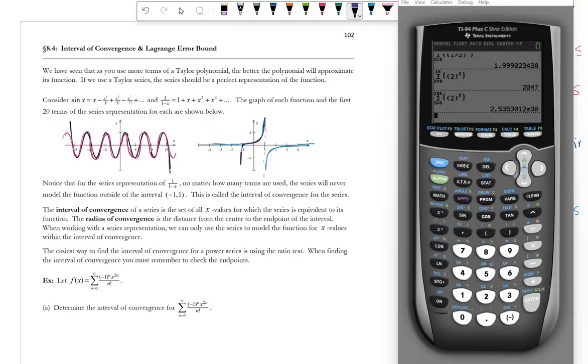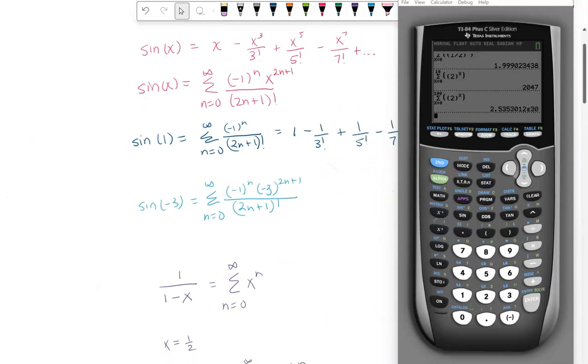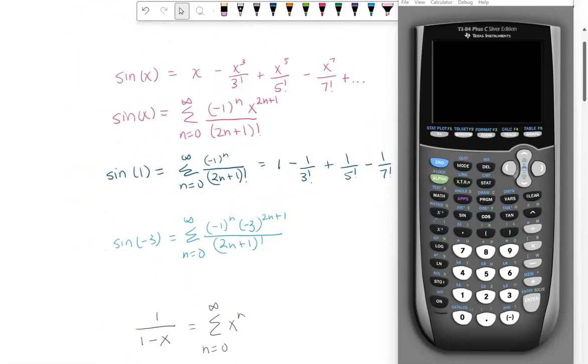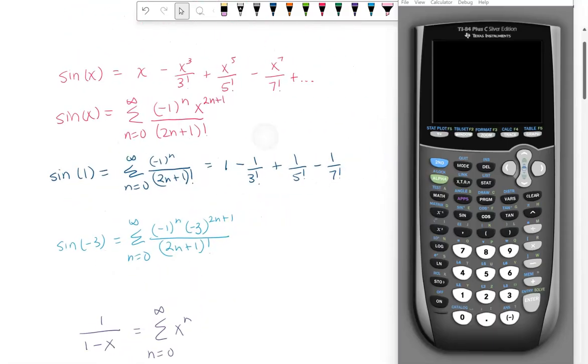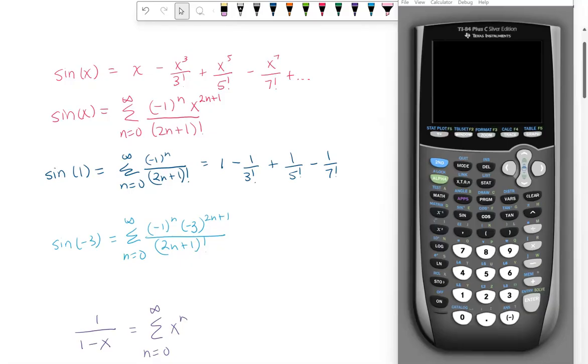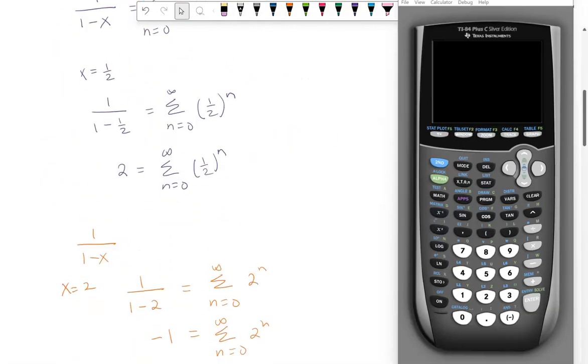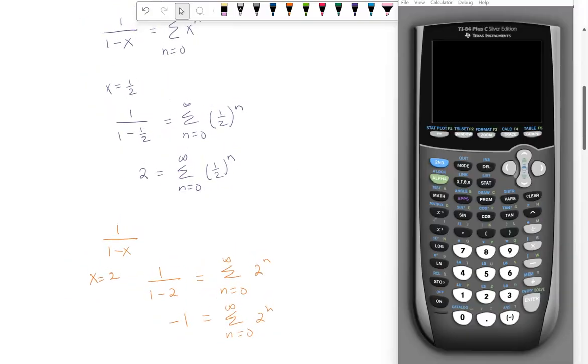If you plug in any number for x for sine of x into the right-hand side of our series, it will match up perfectly to the sine of that value. But down here, when we used x equals 1/2, this worked for us because 1/2 was on the interval of convergence.